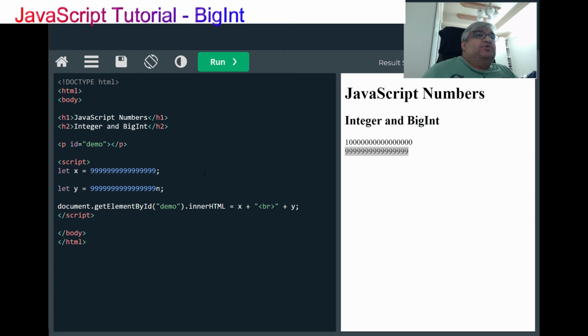When I run the code again, oh my god, it's the same. So we have two ways to define BigInt: by using the BigInt definition and by having a small letter n at the end of the number. This is the second way to define BigInts in JavaScript.